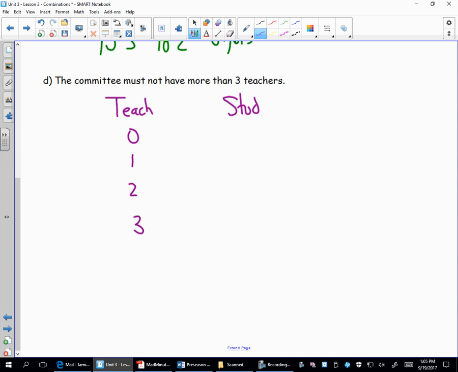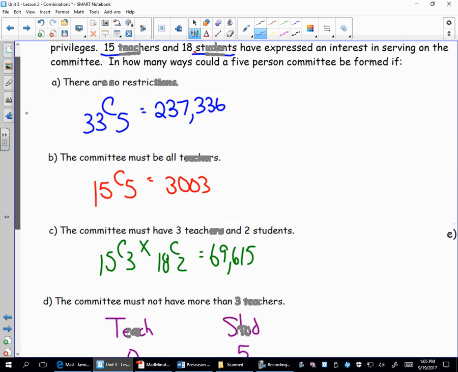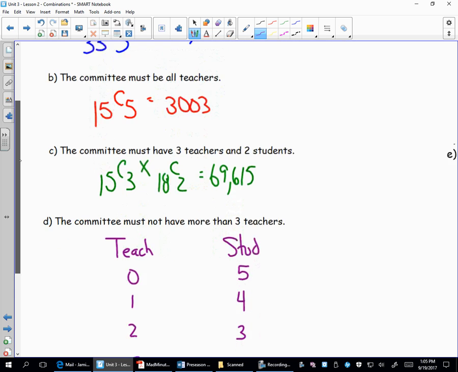And it implies, without saying it, because we need a committee of 5, that if I have no teachers, there's 5 students. If there's 1 teacher, there's 4. 2 makes 3, and 3 makes 2. So these are the different combinations of teachers and students I could have. To pick the teachers, however, I have to go back to the idea that there's 15 teachers and 18 students who I can choose from.